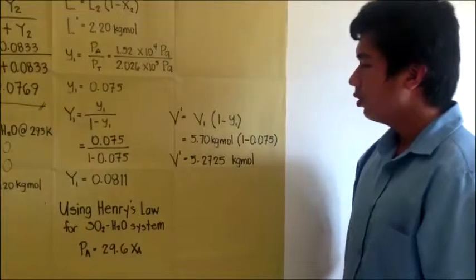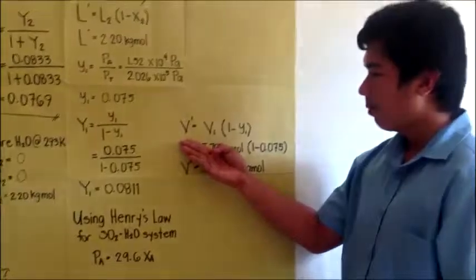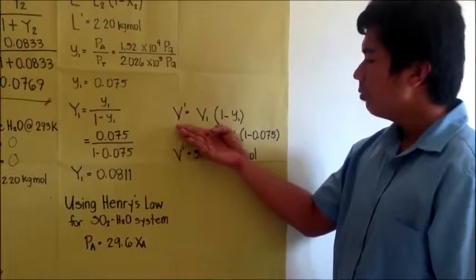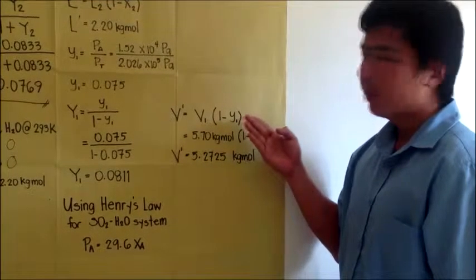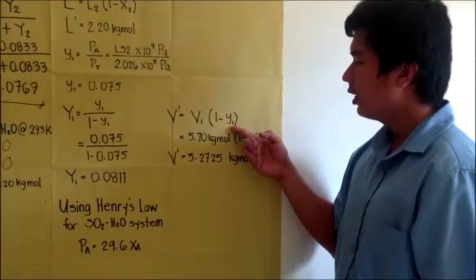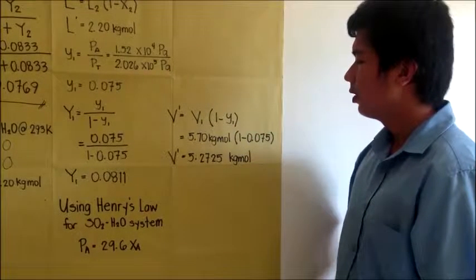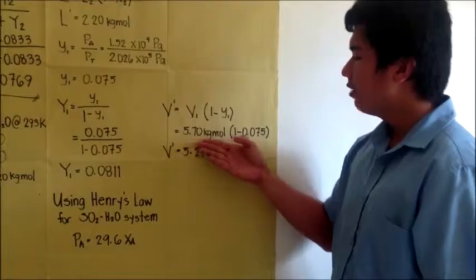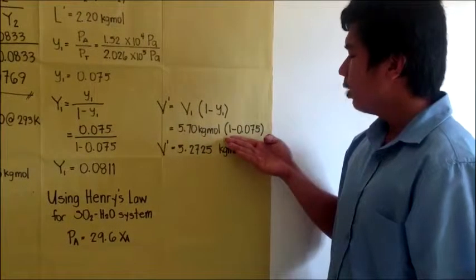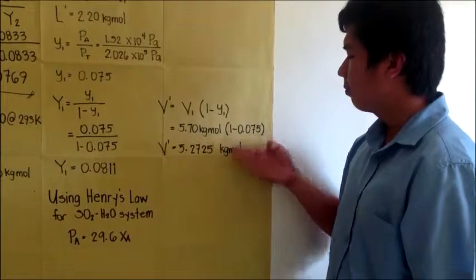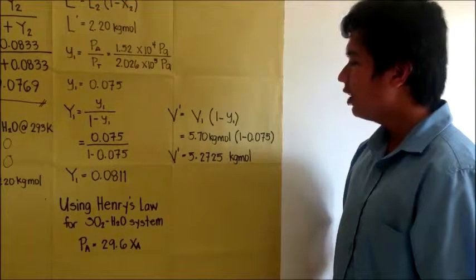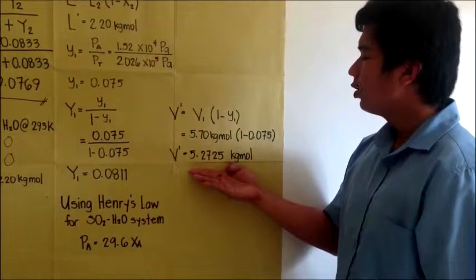We can also compute for V prime by multiplying V1 by 1 minus y1, which we already have. V prime is equal to 5.70 kg mole times 1 minus 0.075, and we arrive at an answer of 5.2725 kg mole.